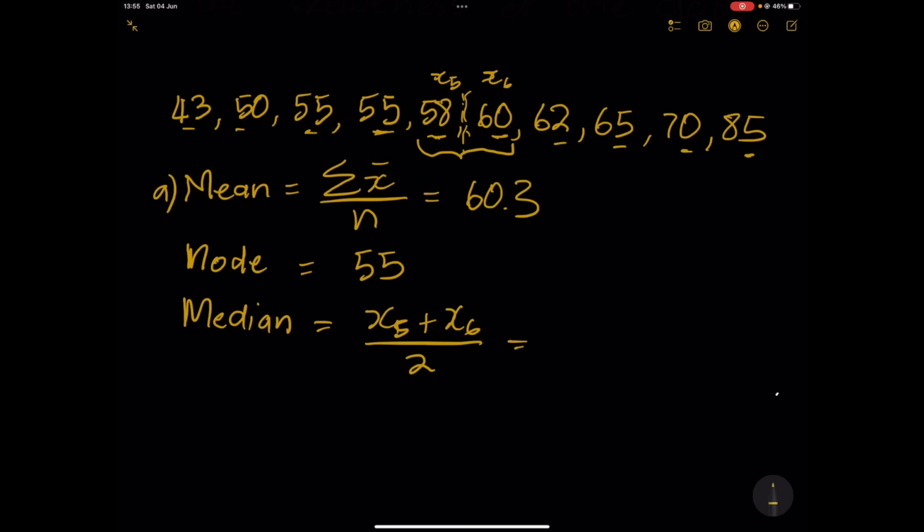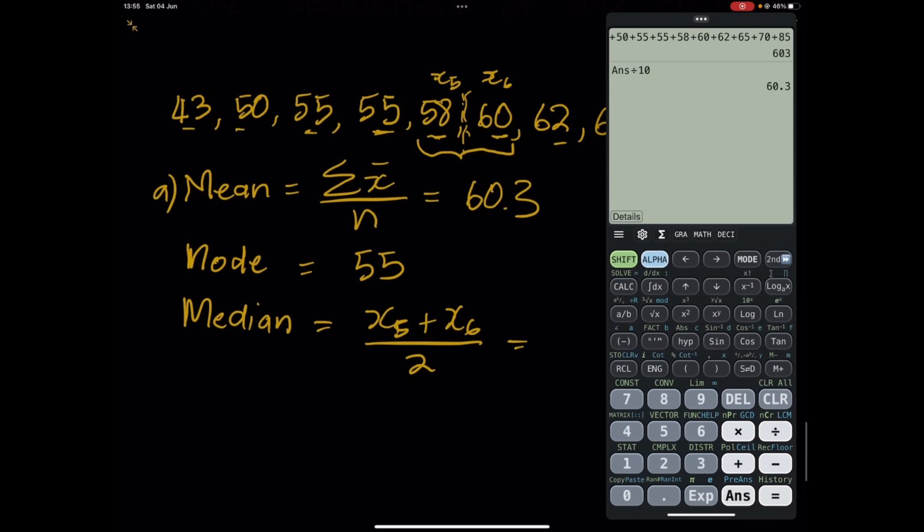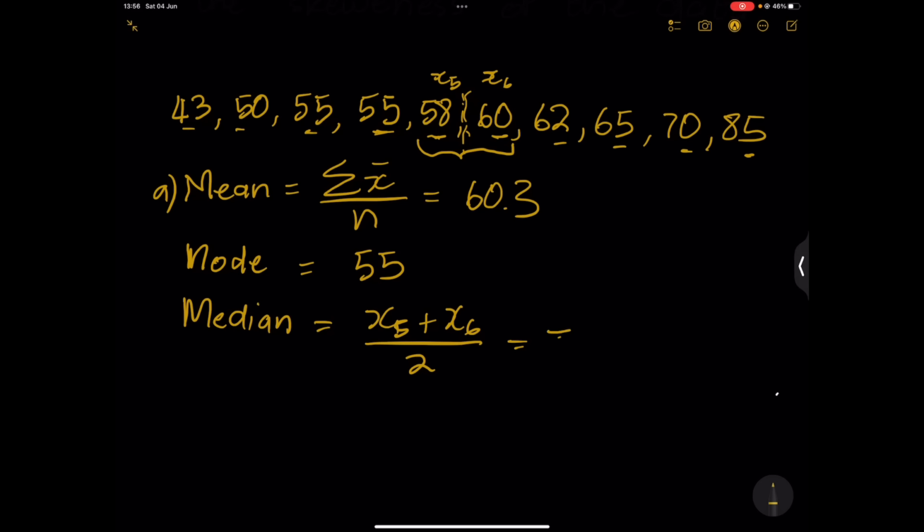All you simply do in your calculator, let's clear that, is 58 plus 60, and we divide that by 2, and obviously that gives us 59. So our median is 59.